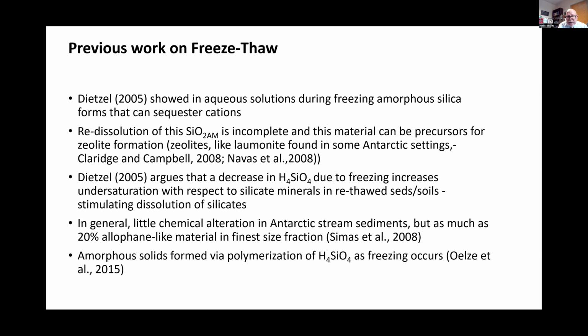And this production of this amorphous solid is probably done through the polymerization of silicic acid, or dissolved silica, as freezing occurs.